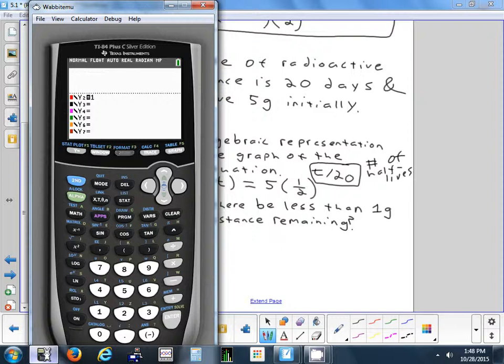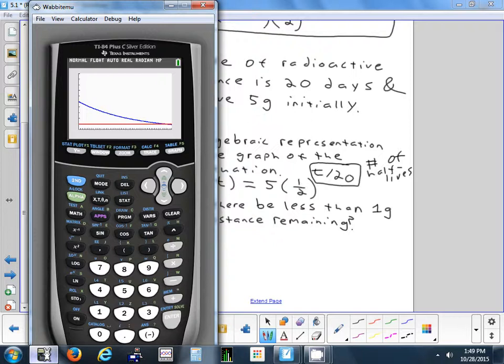Let's do a standard window. Not exactly what we wanted. Let's set the x to 0. Don't worry about negative amounts. The lowest amount you can have is 0. And let's set x a little higher. Let's try 50 days. So there's our substance decaying.